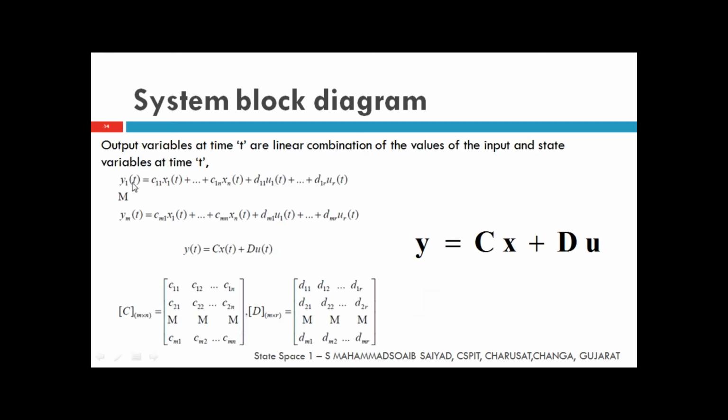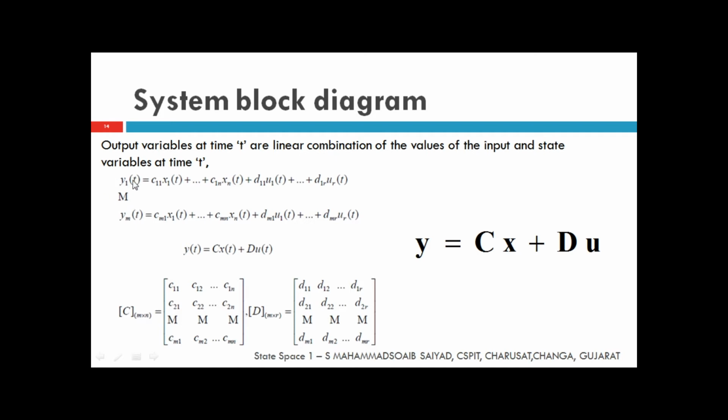So the output equation: I will take y1 of t is equal to c11 x1(t) up to c1n xn(t) plus d11 u1(t) up to d1r ur(t), and that will go till ym of t is equal to cm1 x1(t) plus up to cmn xn(t) plus dm1 u1(t) up to dmr ur(t).